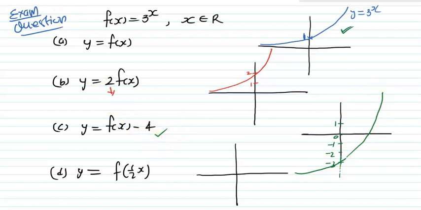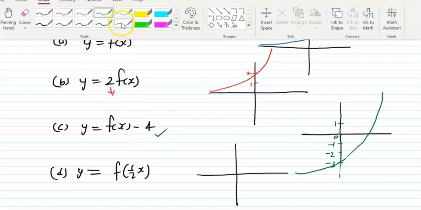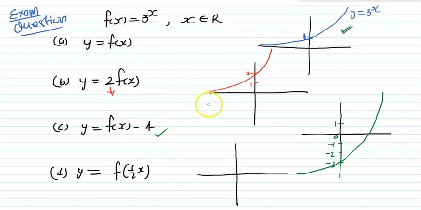Now the last one is the f(1/2 x) graph. What is happening in the f(1/2 x) graph? Any idea, guys? Again, it is passing from 1, right? And y equal to 3 to the power x was a little up, so half x will be a little down.